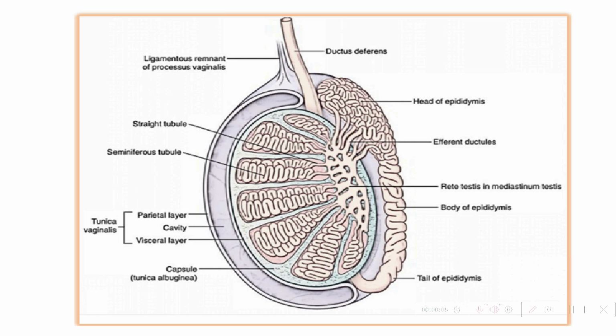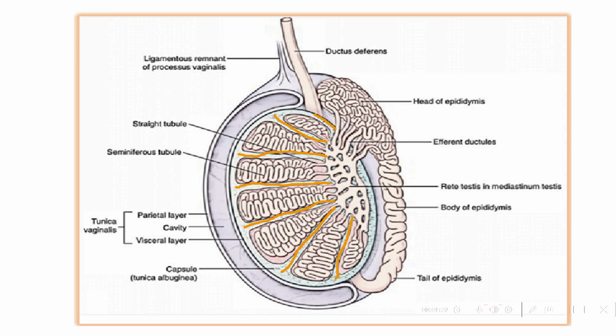Tunica albuginea is the covering on the testes which extends into the testes, forming septa that divide the testes into compartments. The testes has about 200 to 300 compartments called lobules.